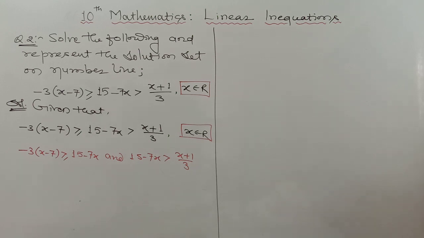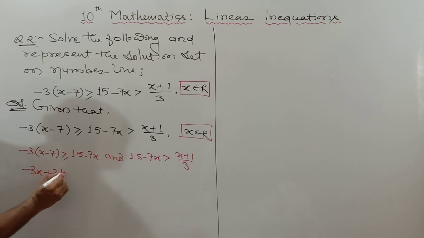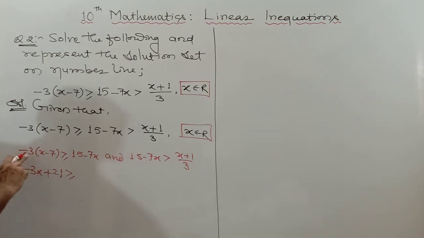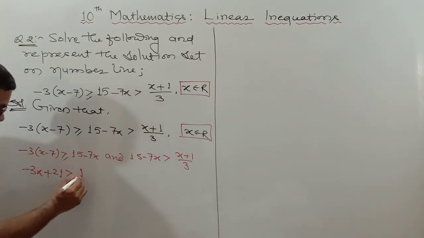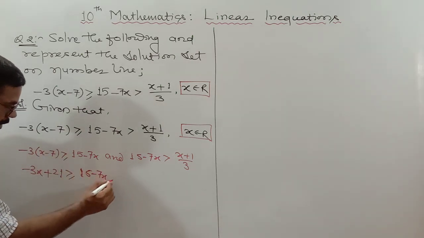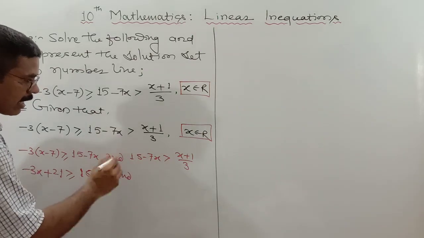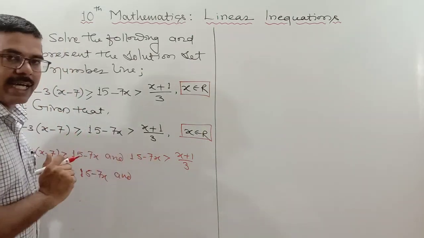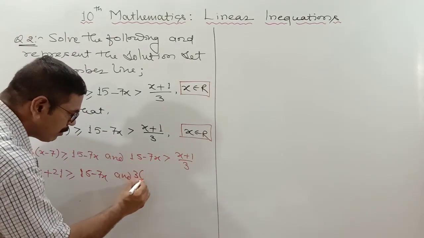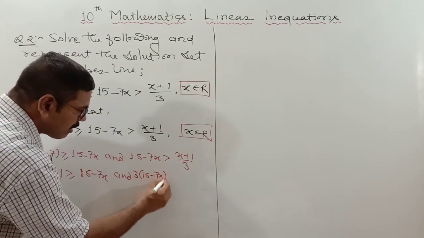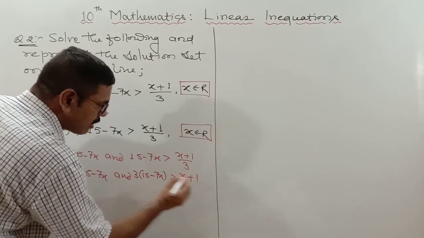Okay. Now we can multiply this by -3x. So minus 3x plus 21. This minus, all the signs inside will change on multiplying with minus, that you know. 15 minus 7x, and here we'll just multiply that 3 here as we used to do in equations. So 3 will be multiplied in 15 minus 7x is greater than x plus 1.